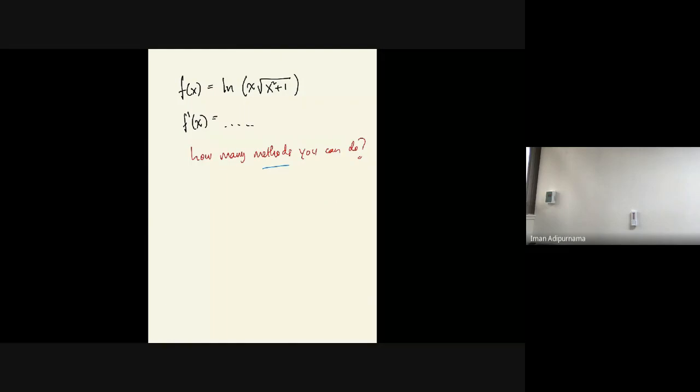So ln, 1 over something, and then you need to multiply with the product of the inside function. That you can also do. Anyway, any method you prefer, as long as it's consistent and logically correct, that's fine.